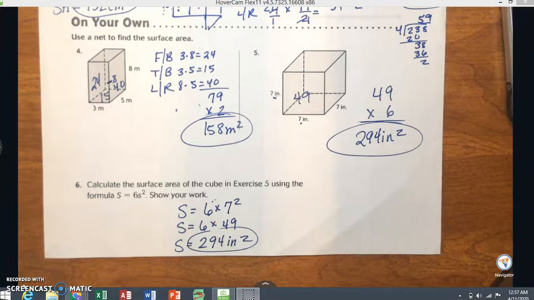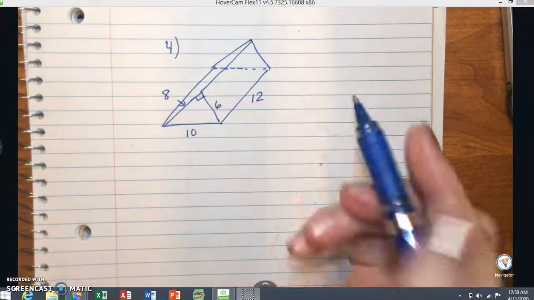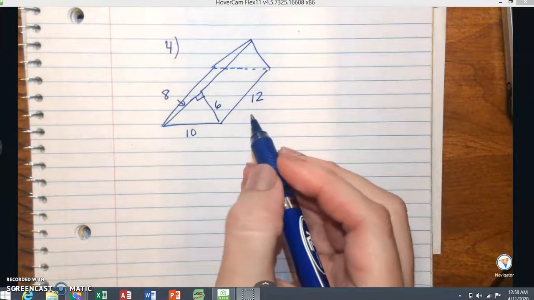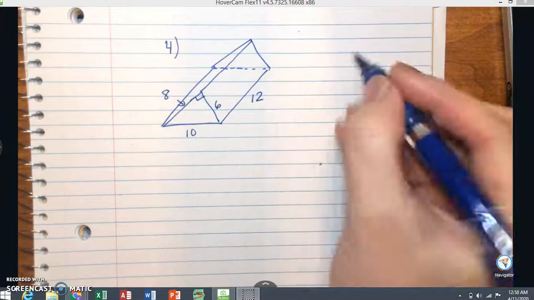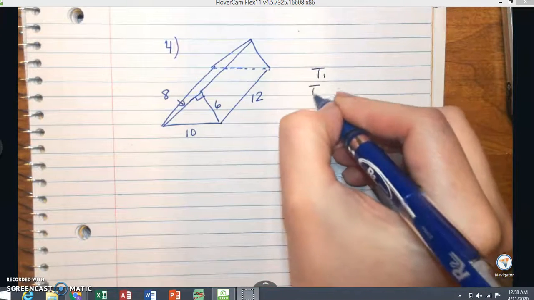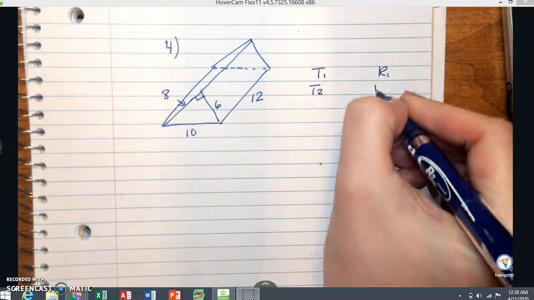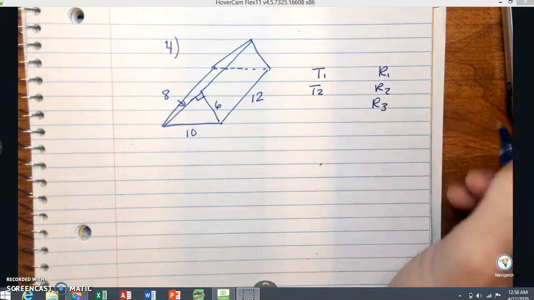Alright, so before you do your practice workbook page that's scanned in there, I do want to make sure on number 4, I want to make sure you know what you're doing there. So let me draw this out. I'm going to pause this while I draw it out. Okay, so on number 4, on the practice workbook, when you get to the part where you're having to do the triangle, so remember you're doing triangle 1, triangle 2, rectangle 1, rectangle 2, rectangle 3.